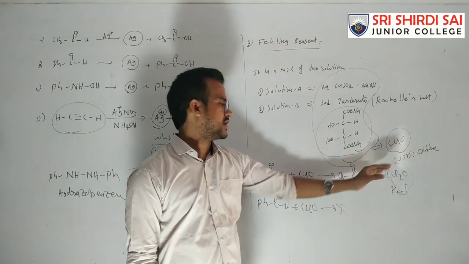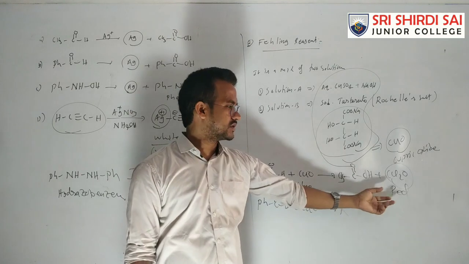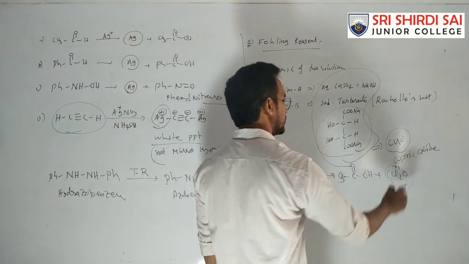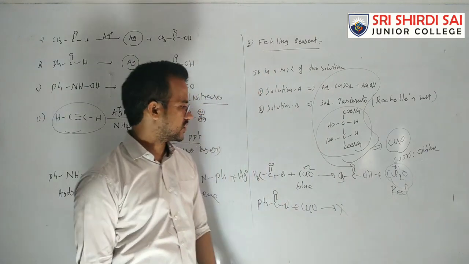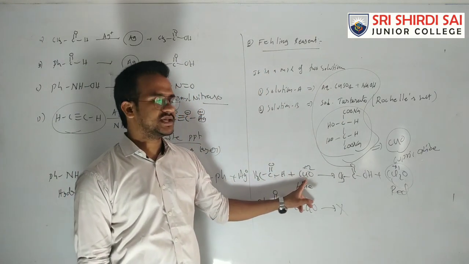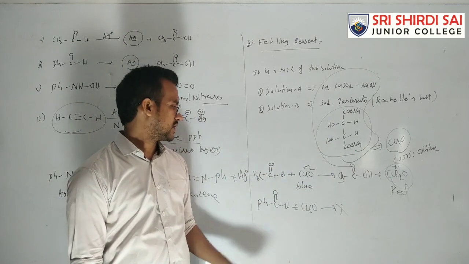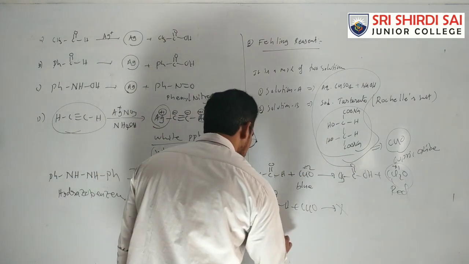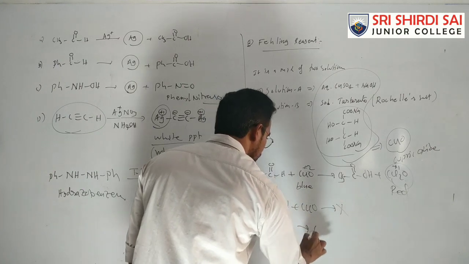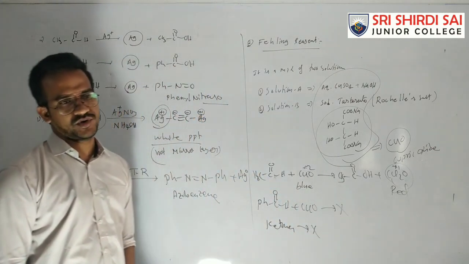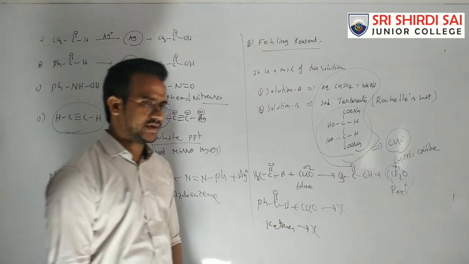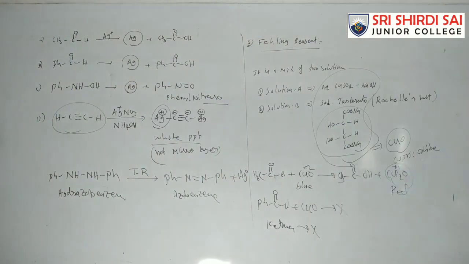It is a blue solution and this blue solution is converted to a red solution. Here Cu2+ becomes Cu+, that means reduction. This oxidizing agent itself undergoes reduction and the carbonyl group is oxidized to acid. Now ketones, no reaction with the Fehling reagent. So write this down.